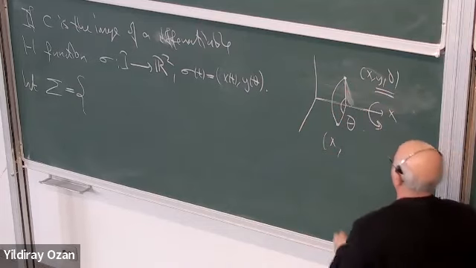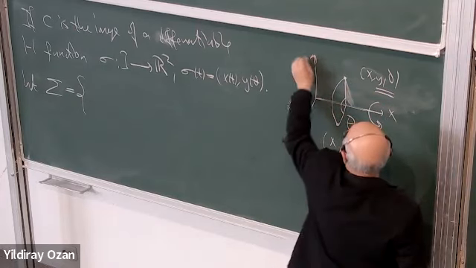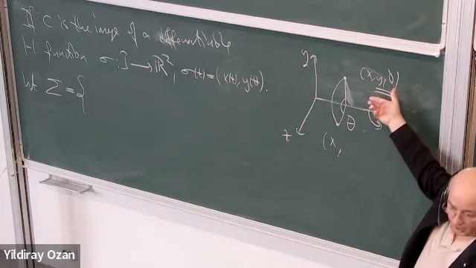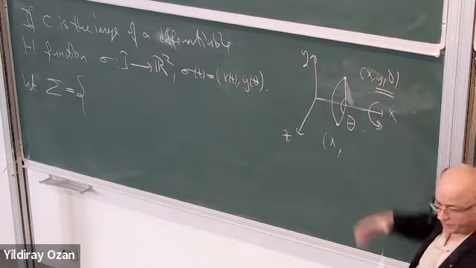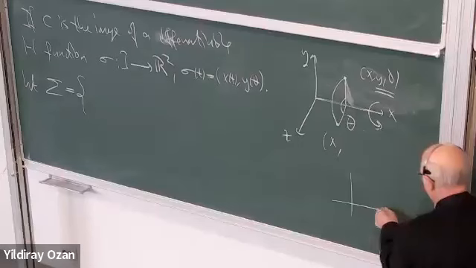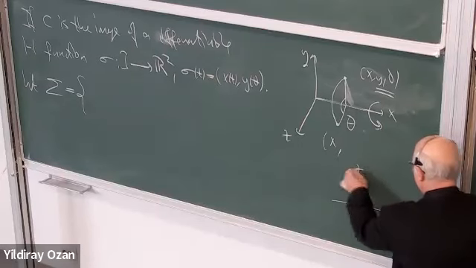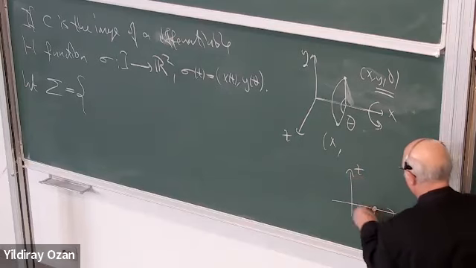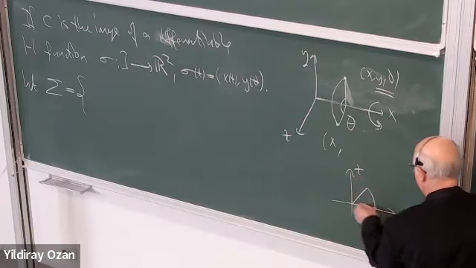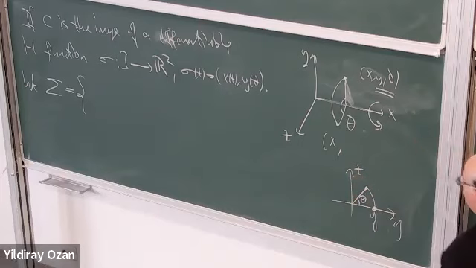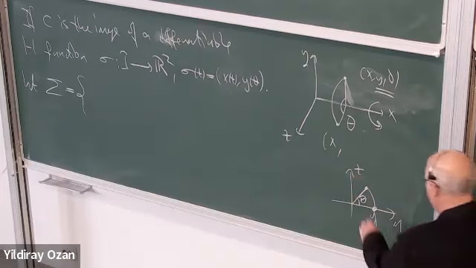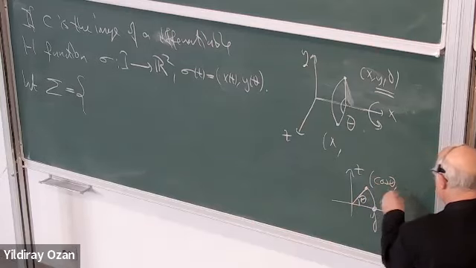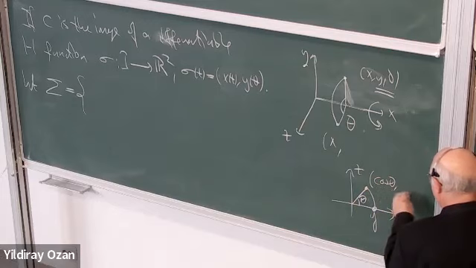In the YZ plane, I rotate this point. You may think of it this way: in the YZ plane, I have this point, and I rotate it theta radians. What are the coordinates here? The coordinates are cosine theta and then sine theta, right?